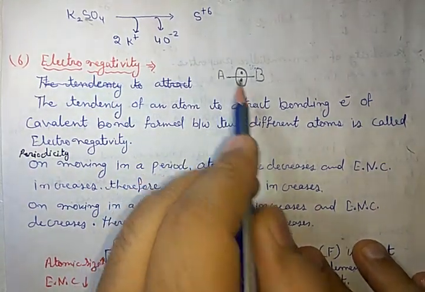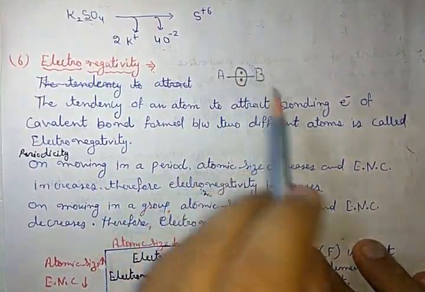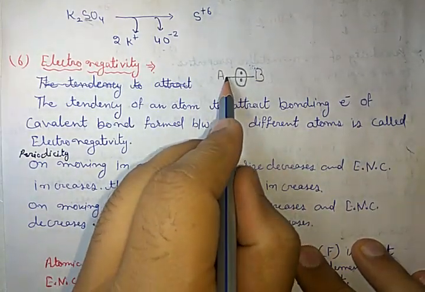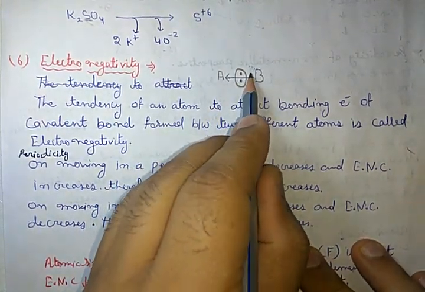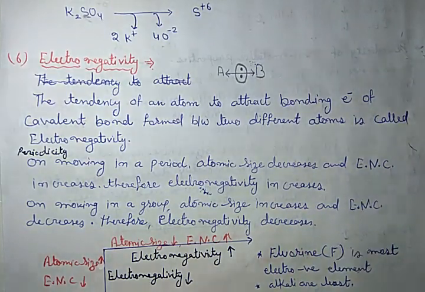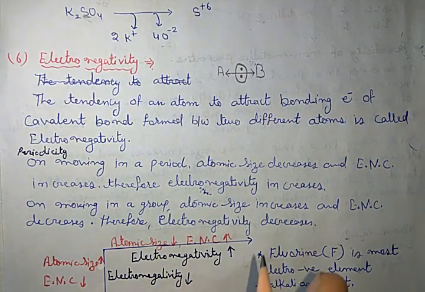Both atoms have a tendency to attract these bonding electrons, because both atoms have a nucleus, and you know that in the nucleus there is positive charge, that is proton, and proton will attract the electrons, that is negative charge.